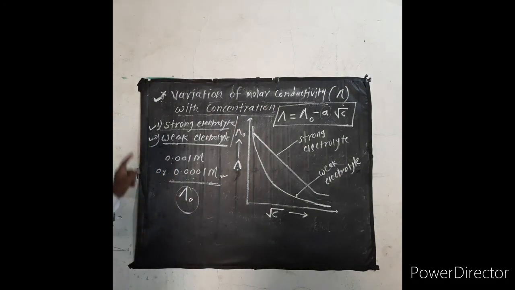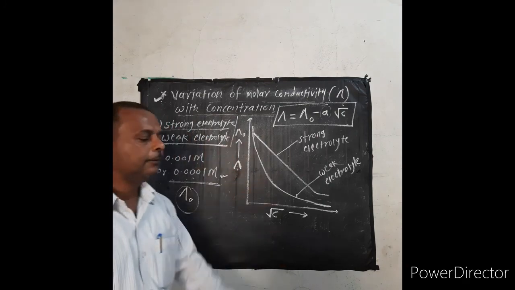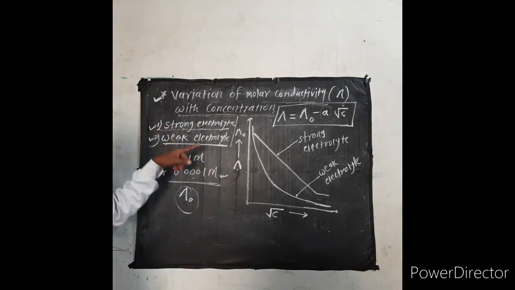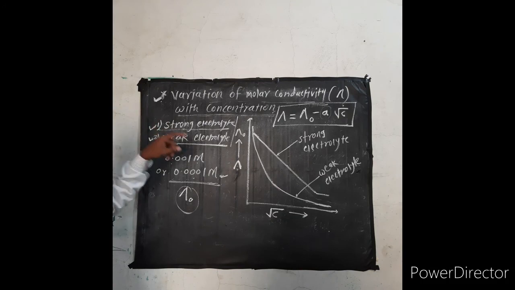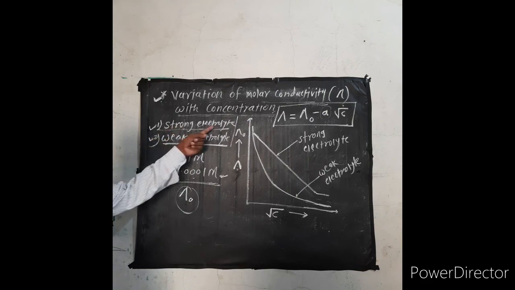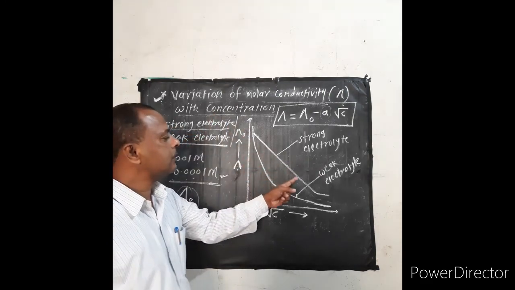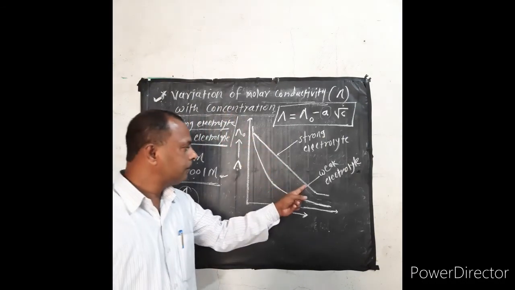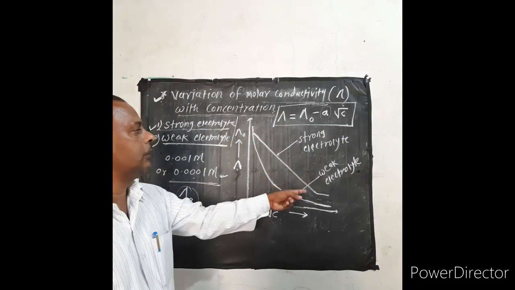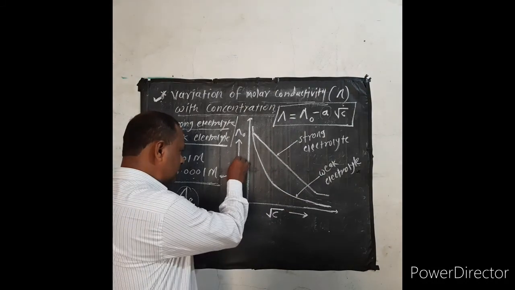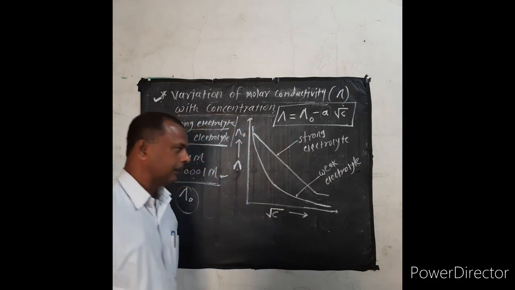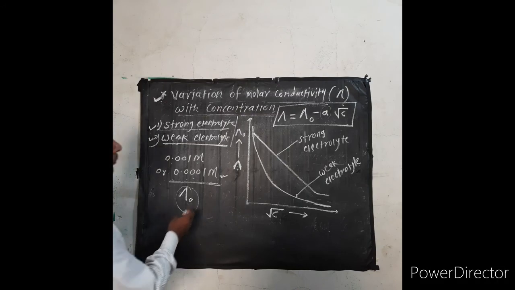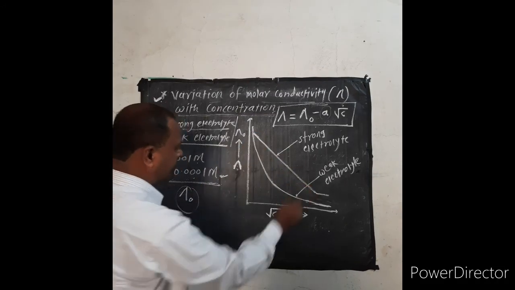For a strong electrolyte, the molar conductivity at infinite dilution, lambda naught, can be calculated by the extrapolation method, that is, extrapolation of lambda versus square root of C, because we get linearity.